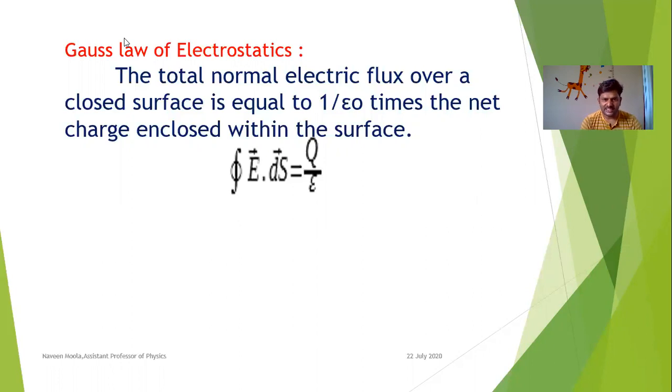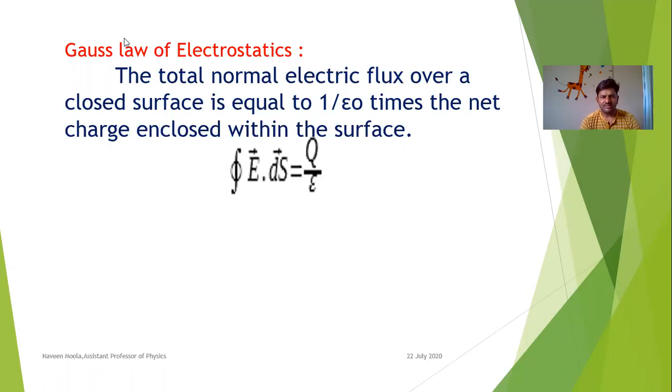Integral E dot ds is equal to Q by epsilon naught. Here, integral E dot ds is the flux coming out of a closed surface. It is a closed surface integral. And Q is the charge enclosed within that surface, net charge enclosed within that surface.